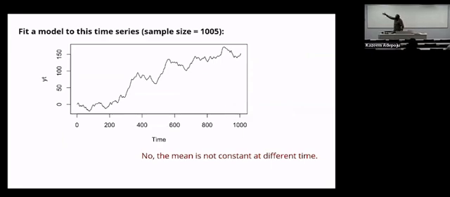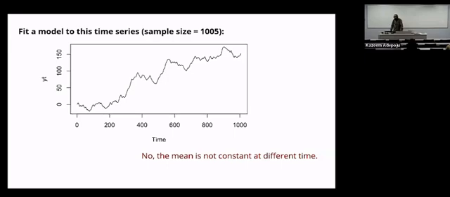If you take a look at this, you have a time plot that looks like this, generated from time series data of sample size 1005. There's a violation here. Is the mean constant over time? It's increasing. That was why I said no, the mean is not constant at different times.